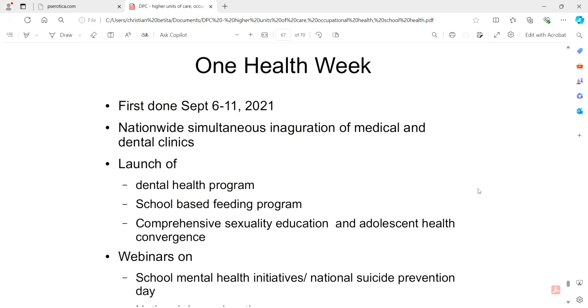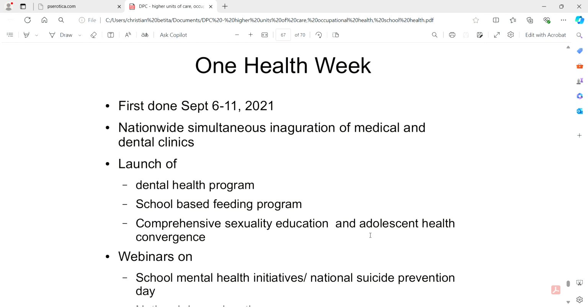Adolescent health convergence, this is like the entire gamut of adolescent health. So this includes mga risky behavior prevention, sex education, drug abuse prevention, alcohol abuse prevention, lahat yan pinagsama. Okay? Including mga menstrual education services for girls.